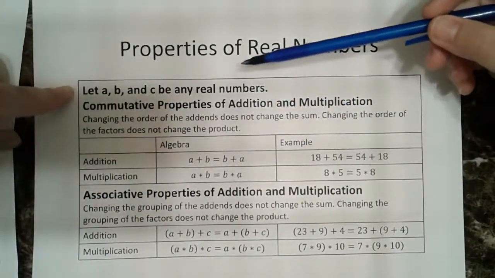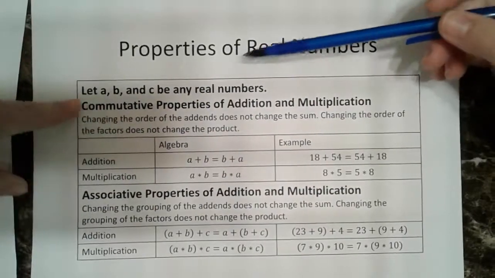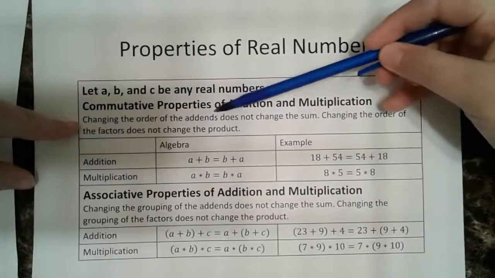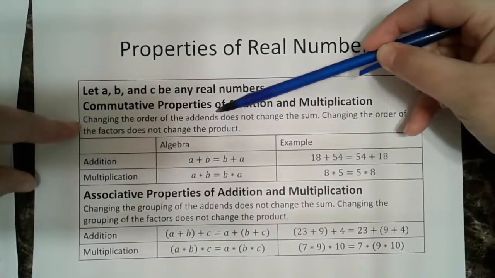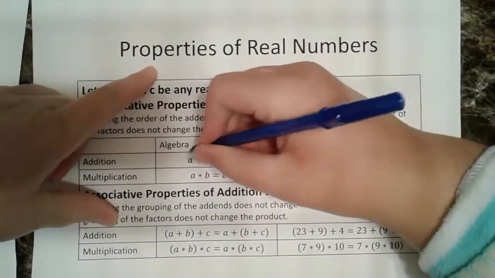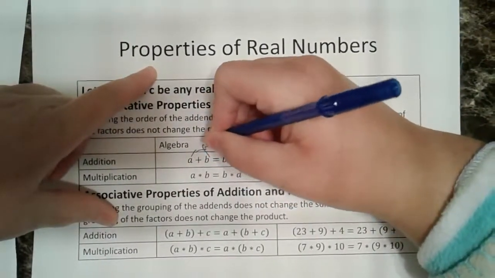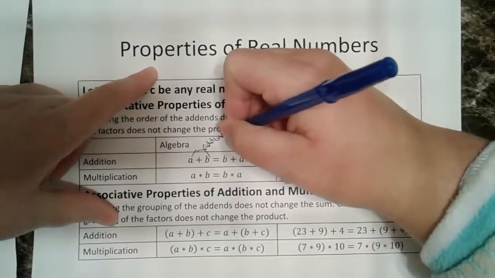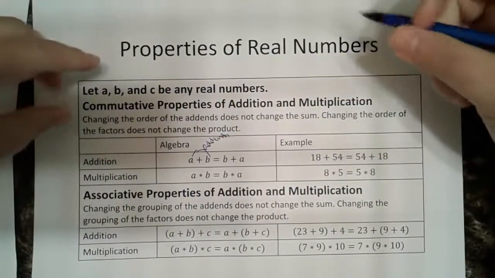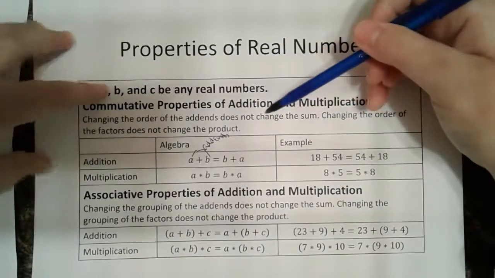Okay? So, the commutative properties of addition and multiplication, it says changing the order of the addends. And when I say addends, that means something that's being added together. So these guys are classified as addends. That is a term that you should be familiar with. Does not change the sum.